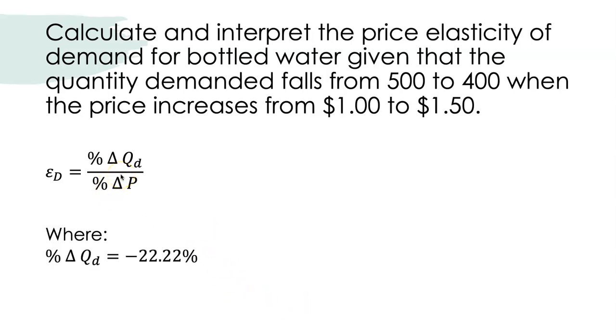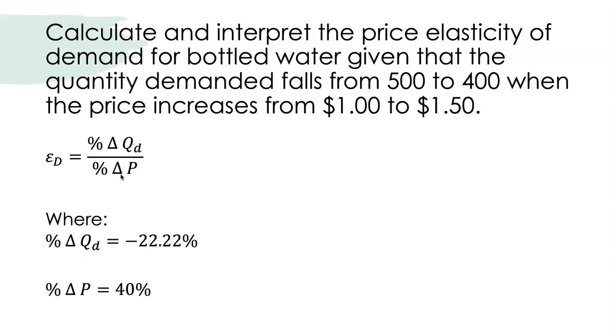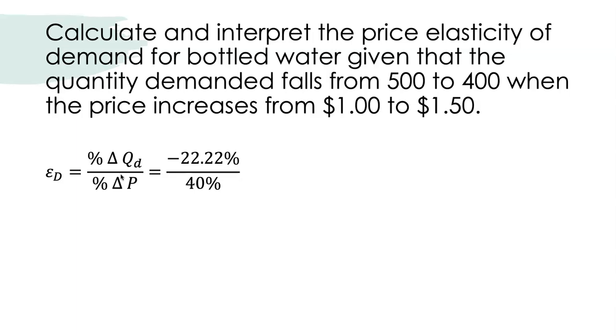And we now know that the percentage change in quantity demanded is negative 22.22%, and the percentage change in price is 40%. So we put the values in the formula, and we have negative 22.22% divided by 40%, which gives negative 0.56. So our elasticity of demand is negative 0.56.